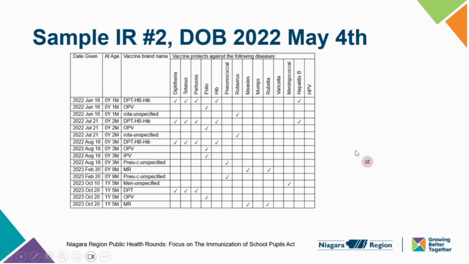Similarly, the other problem with this record from an ISPA perspective is polio. They have not had any valid doses of polio. They received oral polio after April 1st, 2016. That's a date when a lot of countries switched to bivalent oral polio, whereas IPV is trivalent.